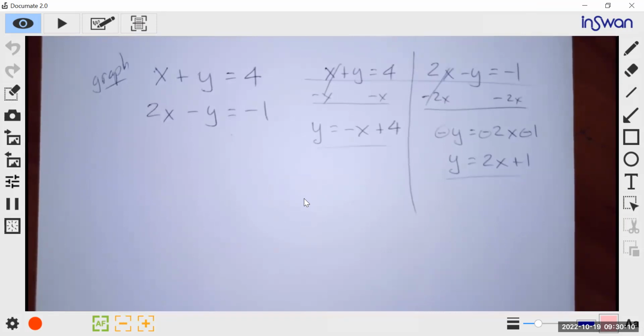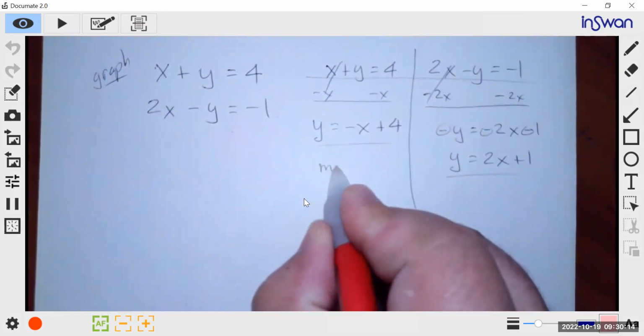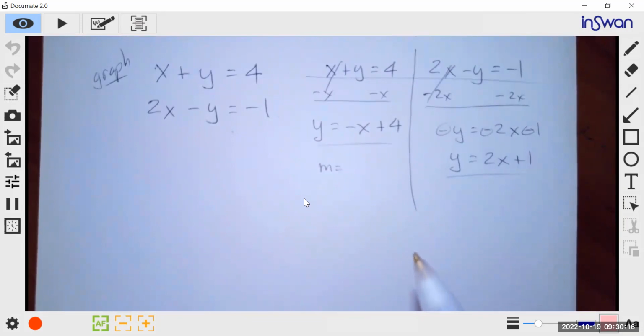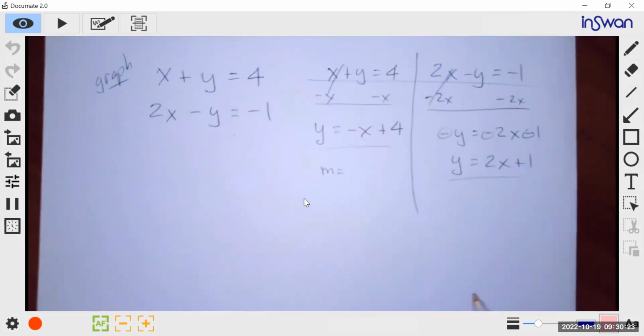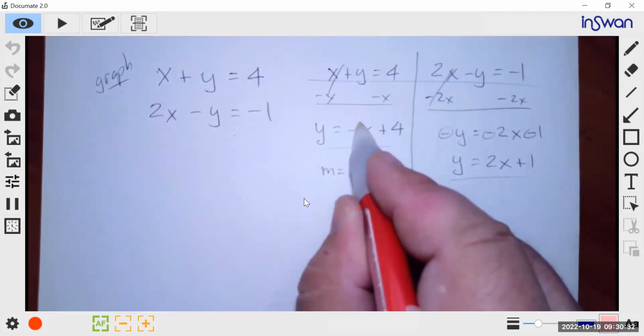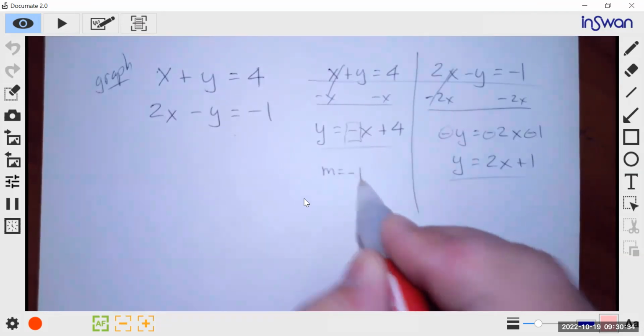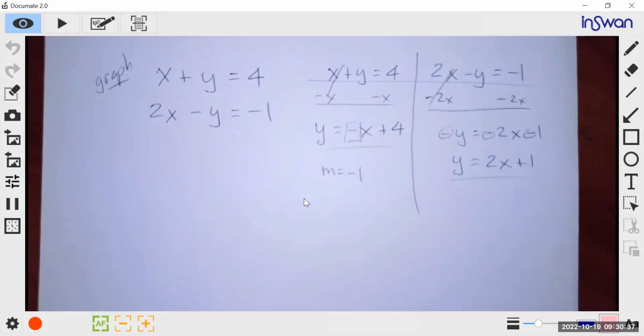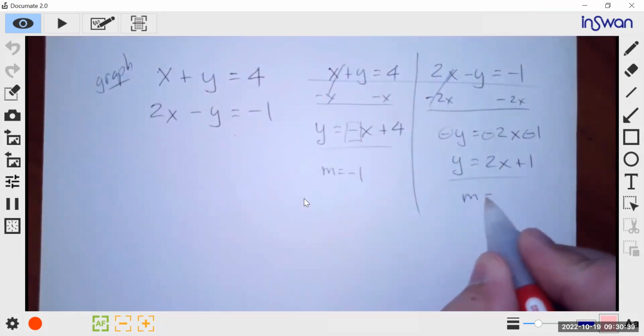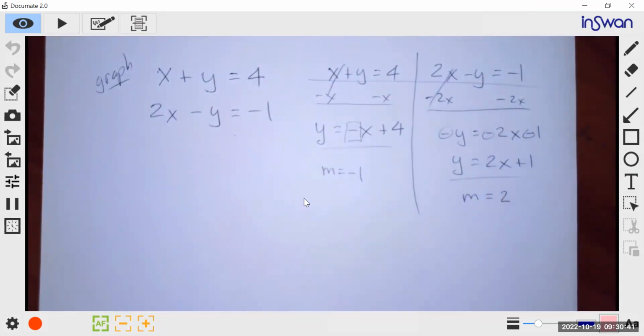Are the slopes the same? What's the slope of this one? Where is the slope in this equation? -1. The slope is in front of the x. What's the slope of the second equation? 2. Are they the same?